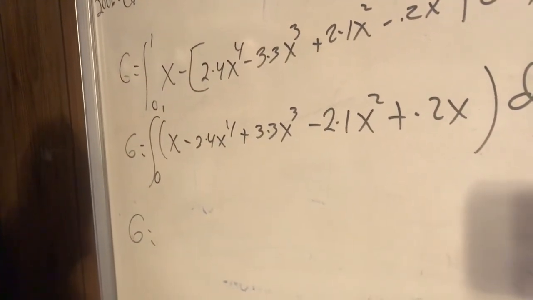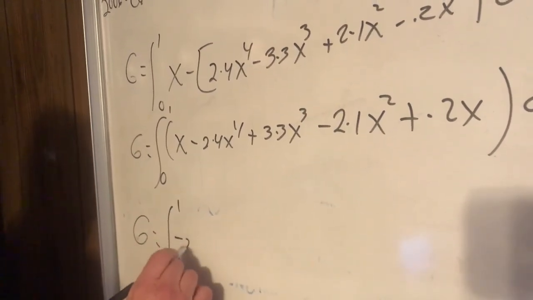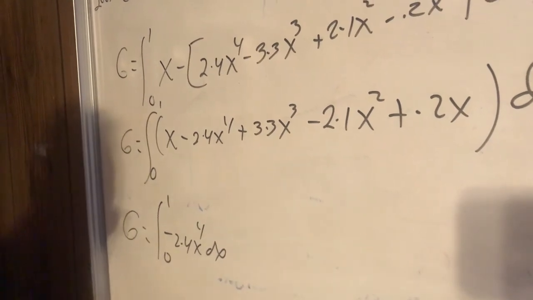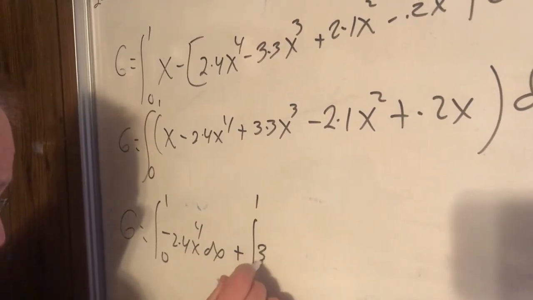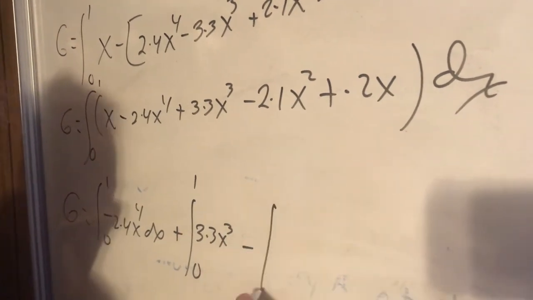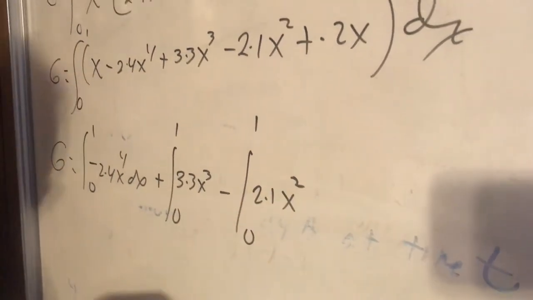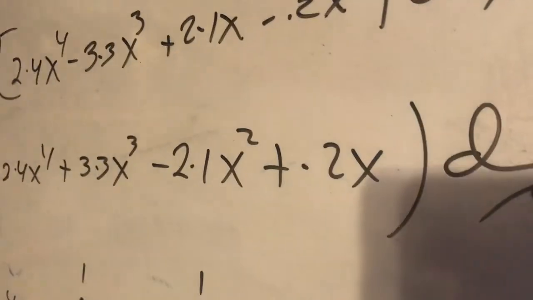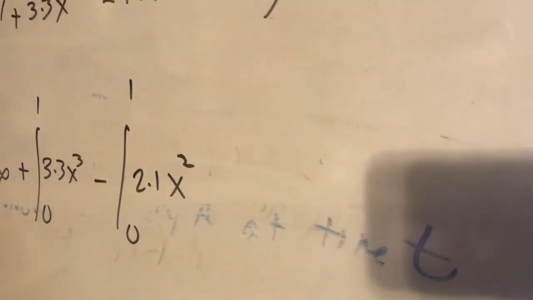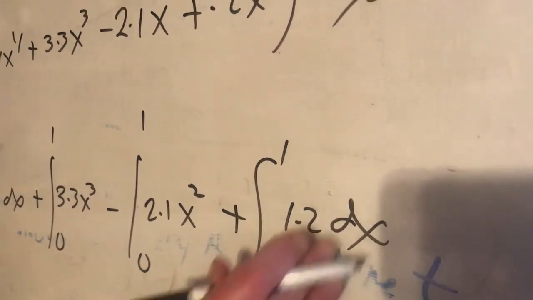It's going to be integral 0 to 1 of x minus 2.4x to the 4th dx plus integral 0 to 1 of 3.3x to the 3rd, minus integral 0 to 1 of 2.1x squared plus 1.2x.